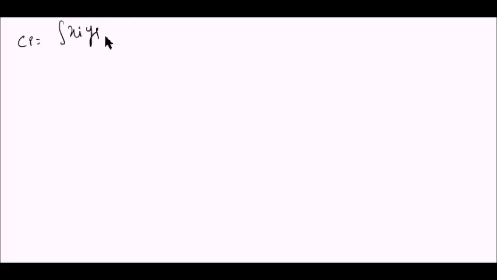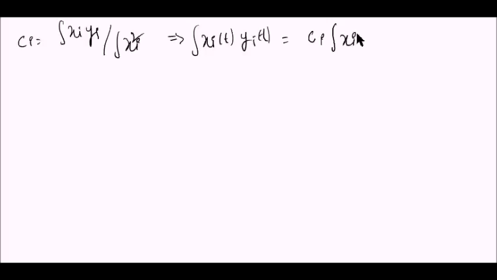I am omitting t for simplicity. So this implies integral xi of t y of t equals ci into integral xi square of t. We will substitute this in the equation.